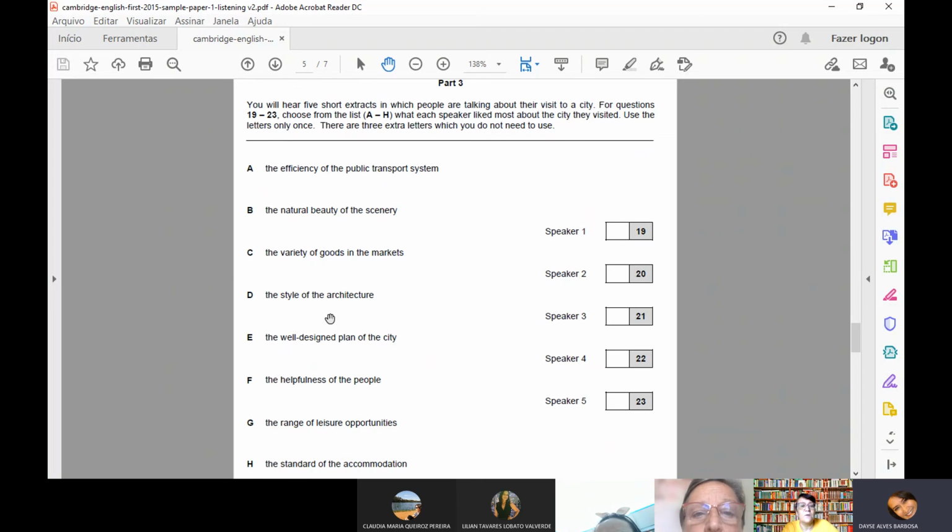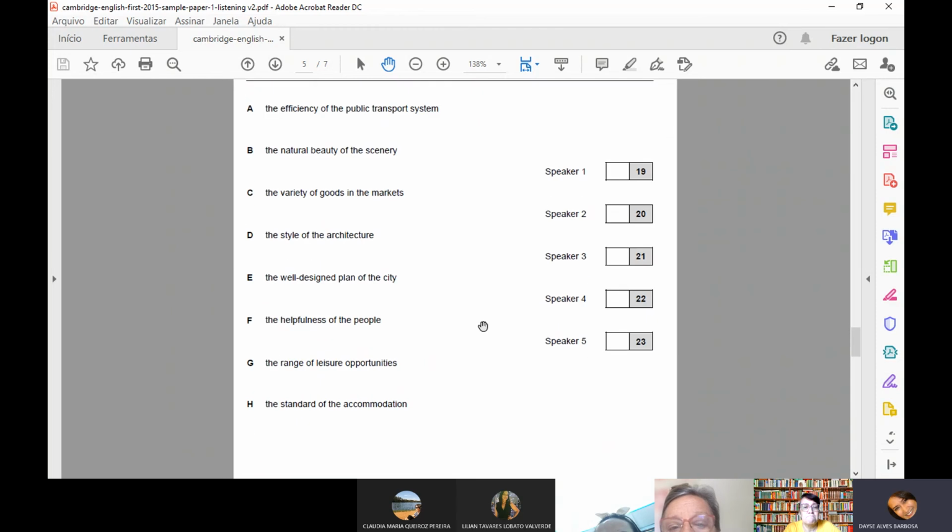If there are 5, there will be some here that will not be used. So there are 3 extra letters which you do not need to use because they will not refer to what the speakers say in the extracts.